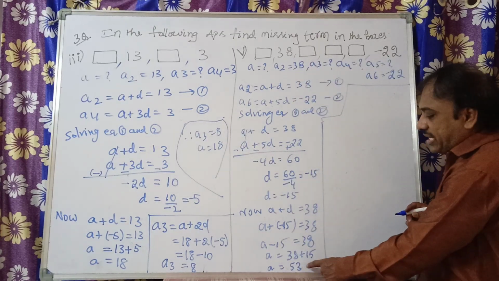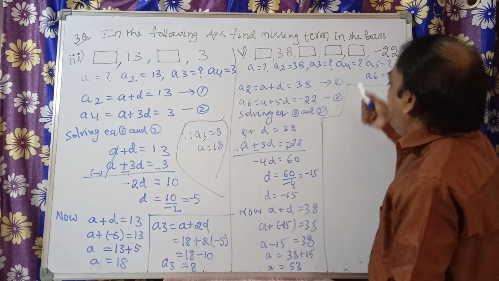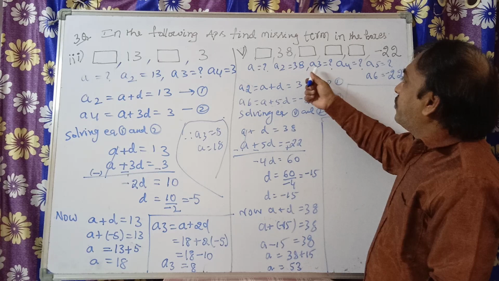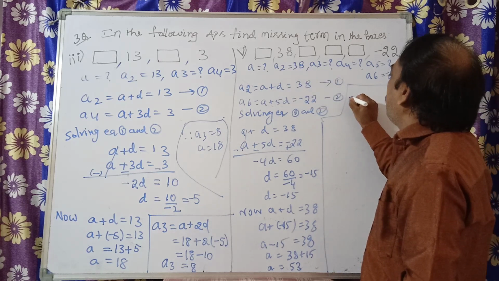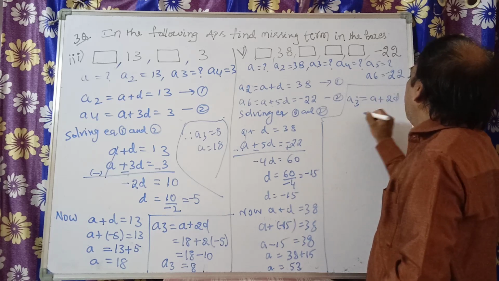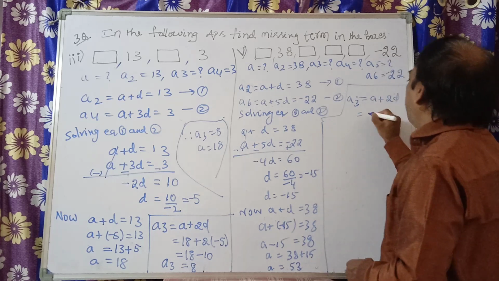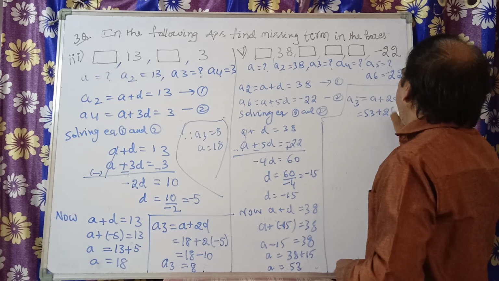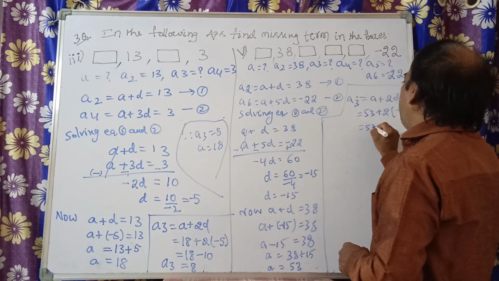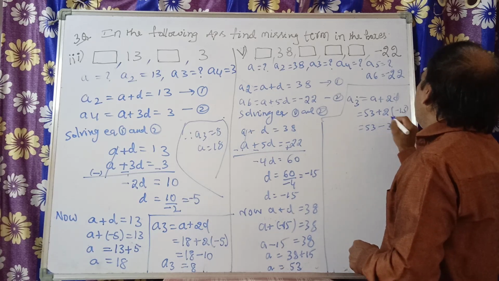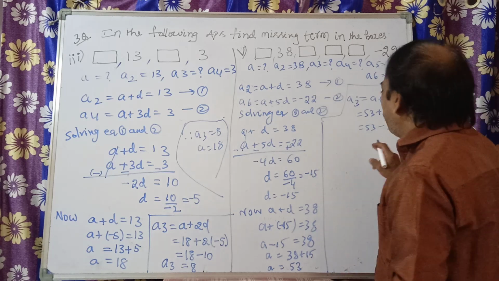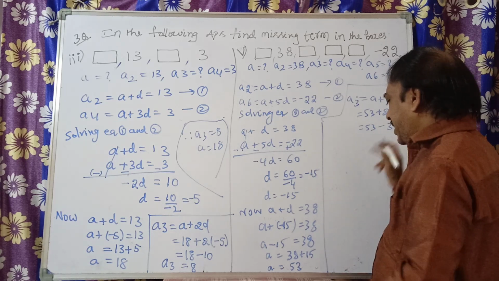Now we see a is equal to 53 you got and d is equal to minus 15. Now we have to find out a3. What is the formula? a3 is equal to a plus 2d, which is equal to the a value 53 plus 2 into the d value minus 15, which will be 53 plus into minus, minus 15 twos are 30.